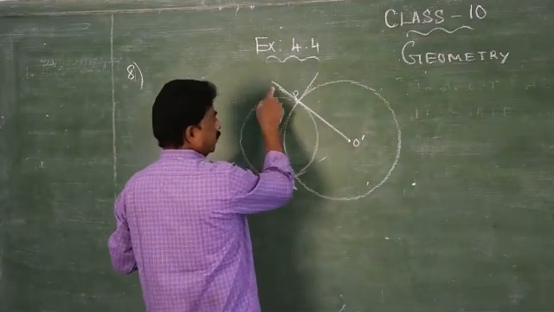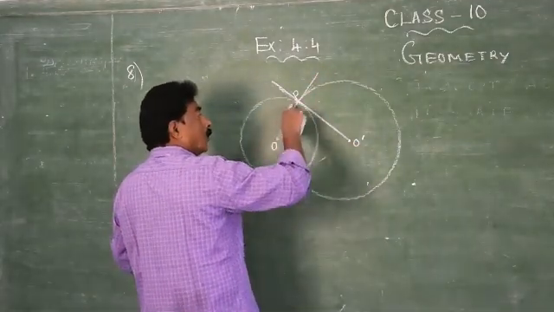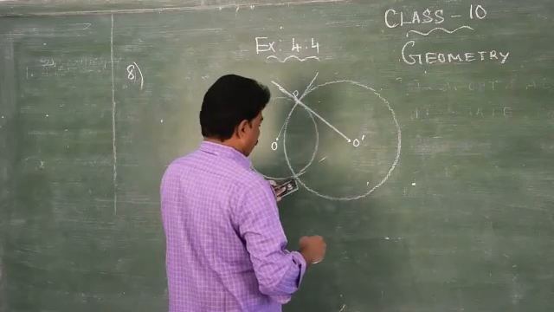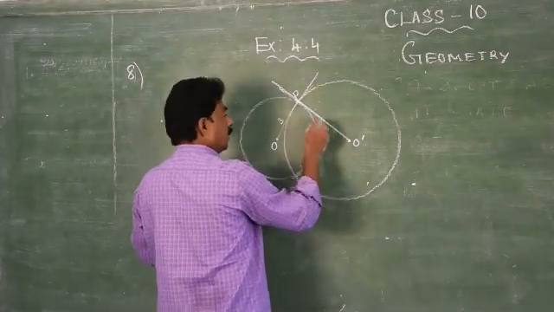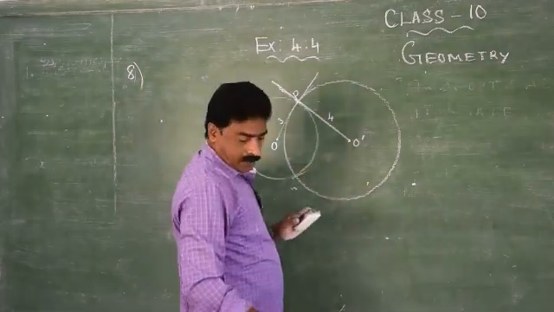O dash P is a tangent to the smaller circle, OP is a tangent to the bigger circle. So OP is 3 centimeter, O dash P is 4 centimeter, given.